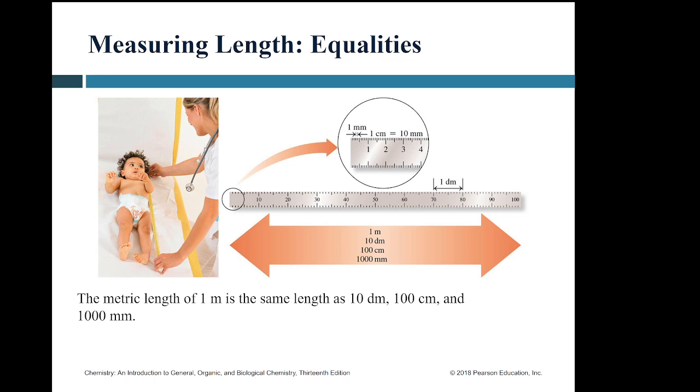So 1 meter, by definition, has to be equal to that. And these equalities are all going to be exact numbers, because by definition of those prefixes, you have to have 10 decimeters in a meter. Can you have 11 decimeters? 10.1? No. By definition, 10 decimeters to a meter.